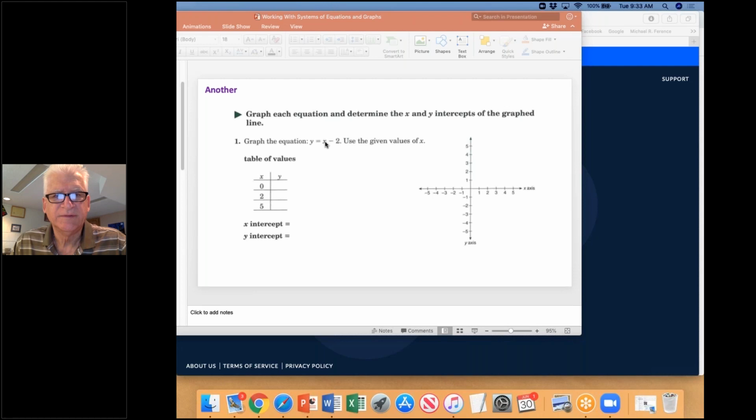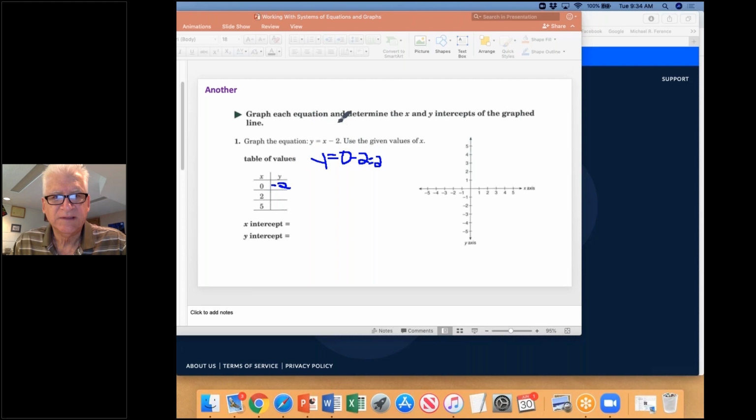Y equals x minus 2. So we could just do this in our head. When x equals 0, y equals 0 minus 2, equals negative 2.